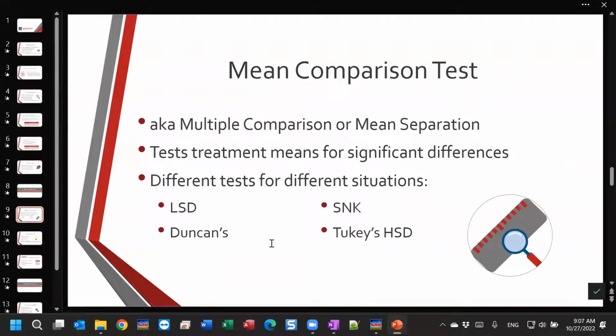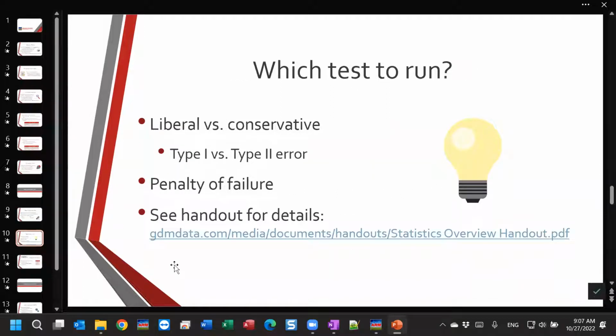We have a variety of options in ARM. These four are the most common: the LSD, Duncan's, SNK, and Tukey's. We had discussed the differences between them and how to choose which one to run. There's really no hard and fast rule, of course, as is a common theme in statistics, but we were looking at type 1 versus type 2 error.